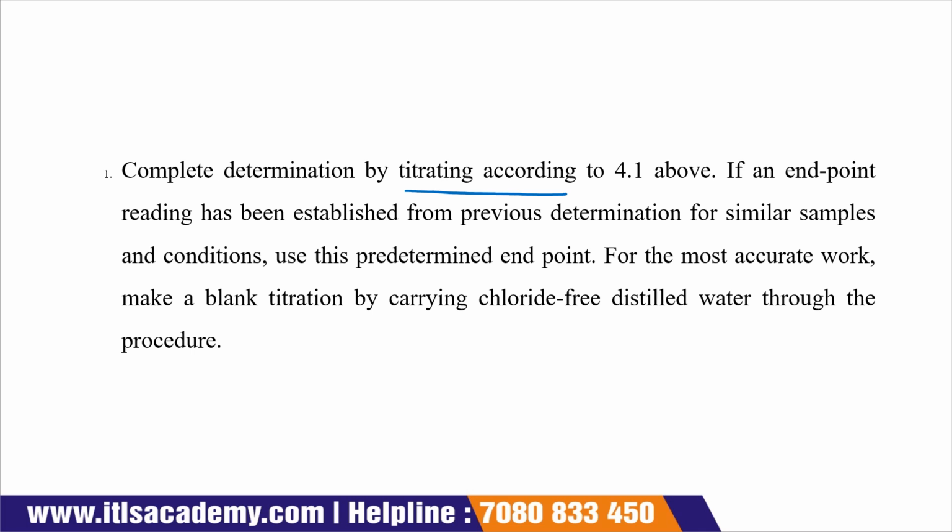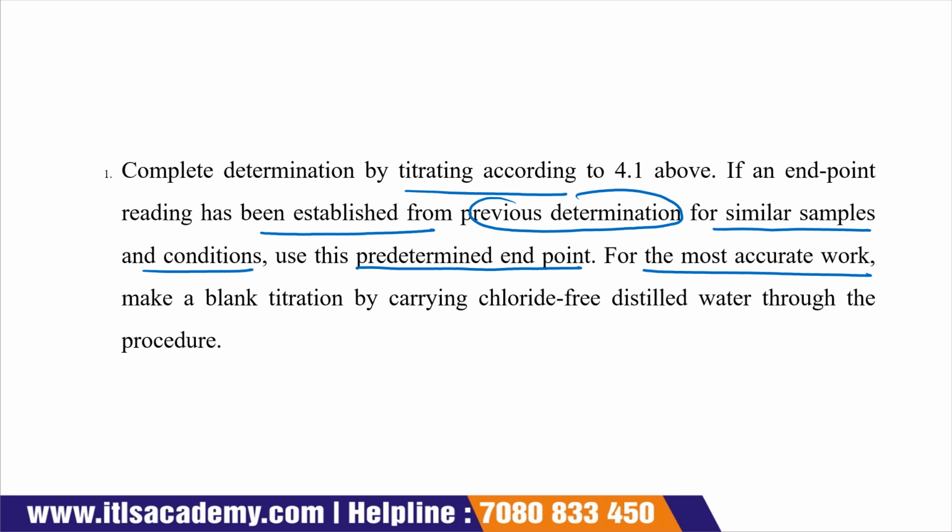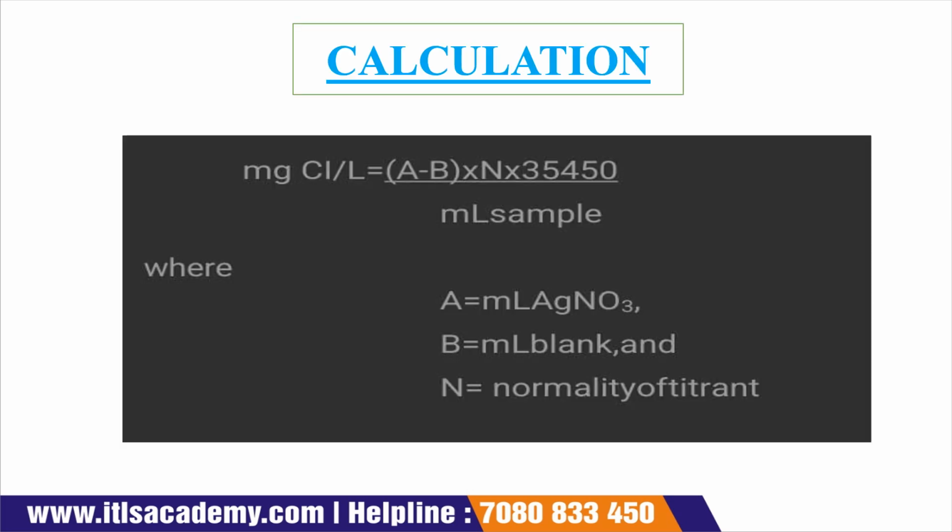If an endpoint reading has been established from a previous determination for a similar sample and condition, use this predetermined endpoint for the most accurate work. Make a blank titration by carrying chloride-free distilled water through the procedure.